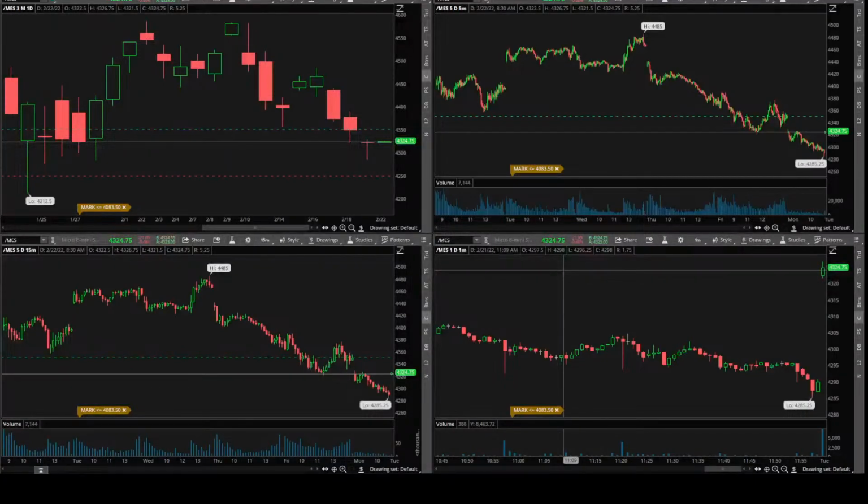Going to be mindful of NASDAQ too. NASDAQ is opening above that gray line. So there's a line that I've got on it as well.